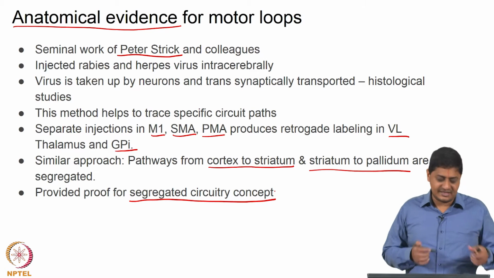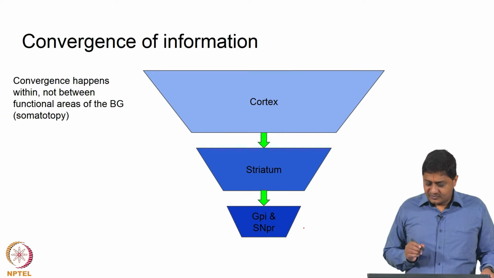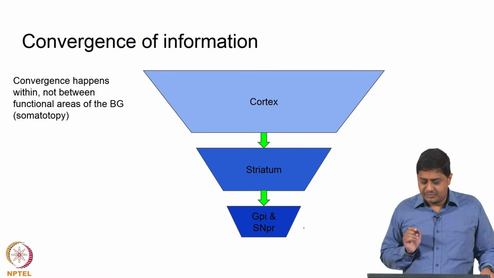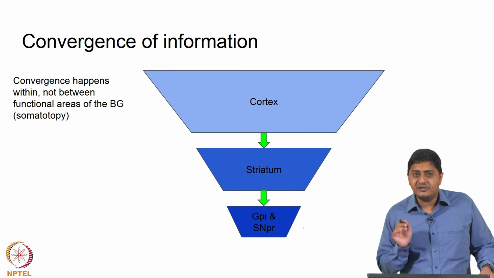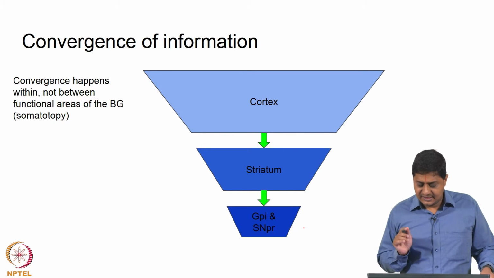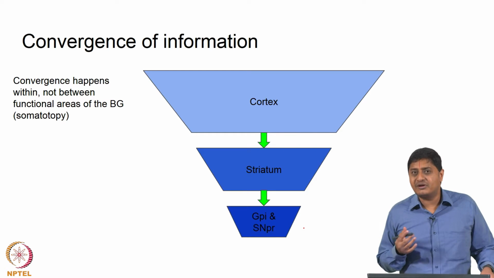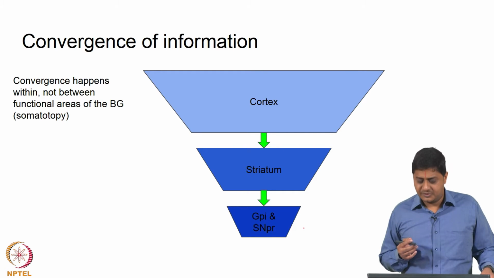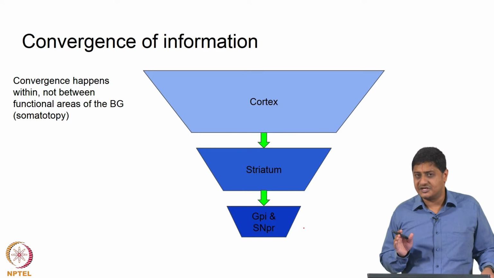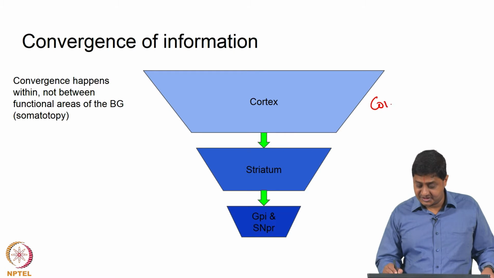So, there is segregation, but an important point to note is that a large number of cortical neurons project to a relatively smaller number of neurons in the striatum. So, that means there is convergence here.